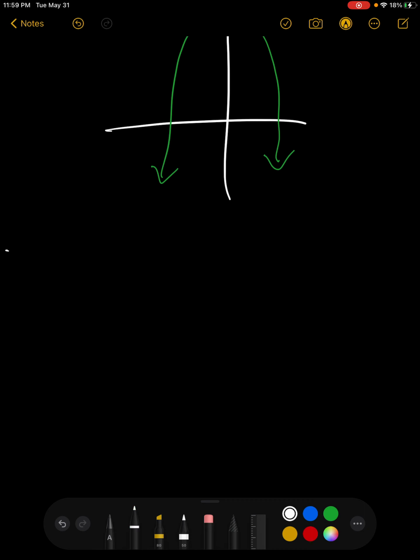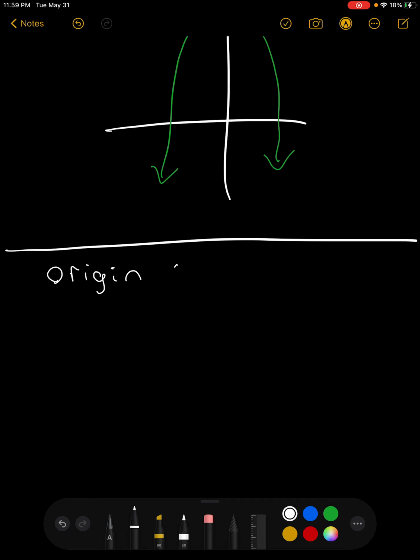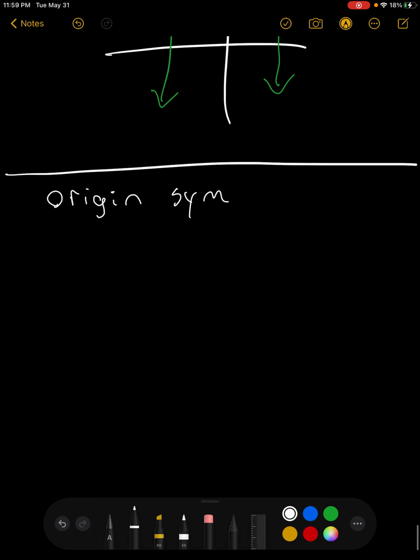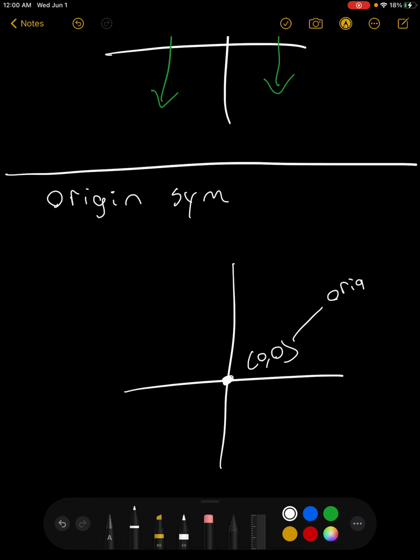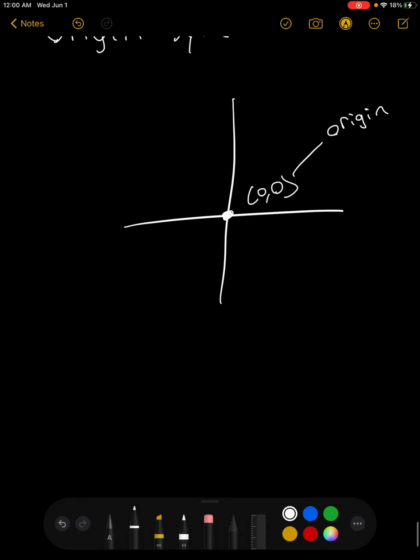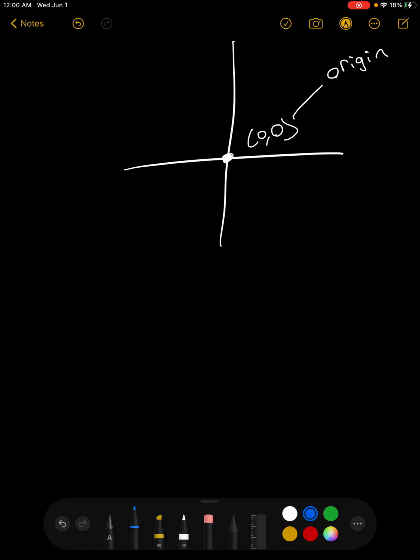And then there was the third one I mentioned, when it is symmetric about the origin. Now remember, the origin is just this point in the middle, the point 0, 0. Right, that is the origin. So if something's symmetric about the origin, that means the origin is acting like a mirror. So if we have something like that, we reflect it about the origin, its mirror image would be over there, like that.